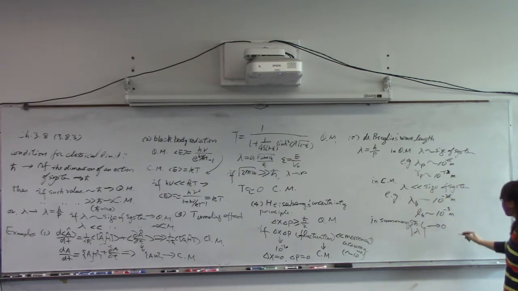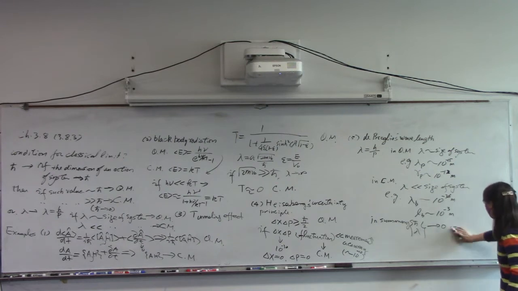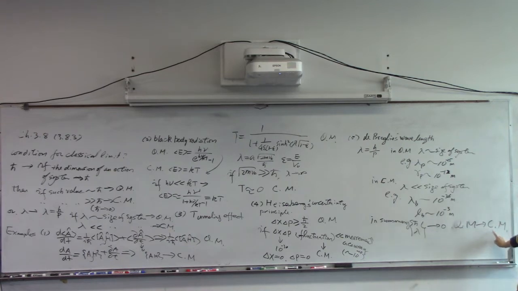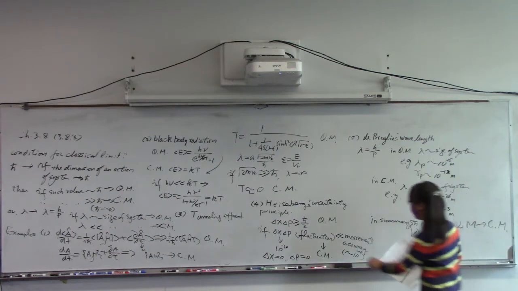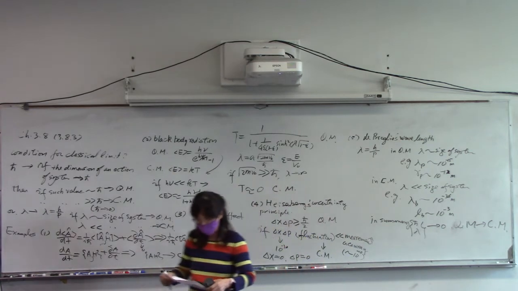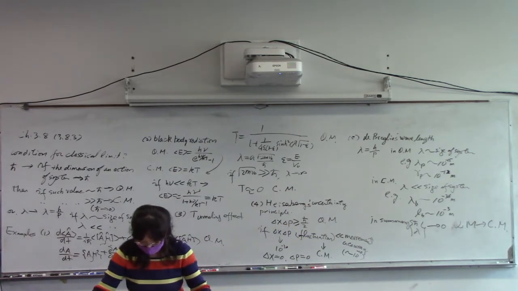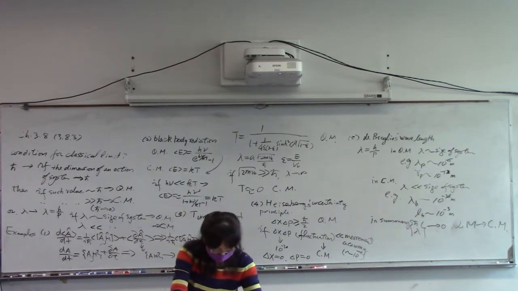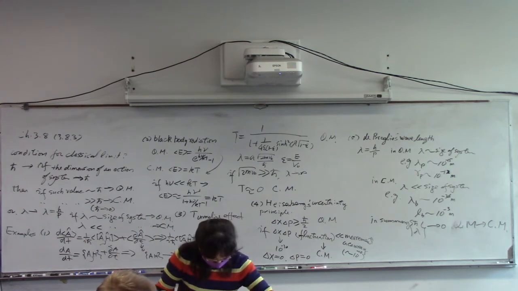When it goes to 0, then quantum mechanics goes to classical mechanics. That means using classical mechanics is enough to describe the phenomenon of the system. That makes sense? Okay. So I think you can also go to chapter 3 to read that section.